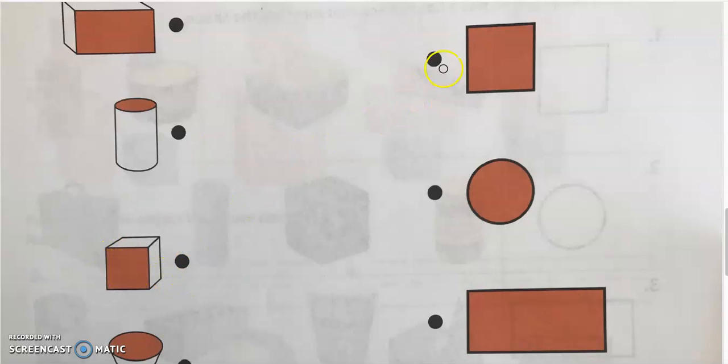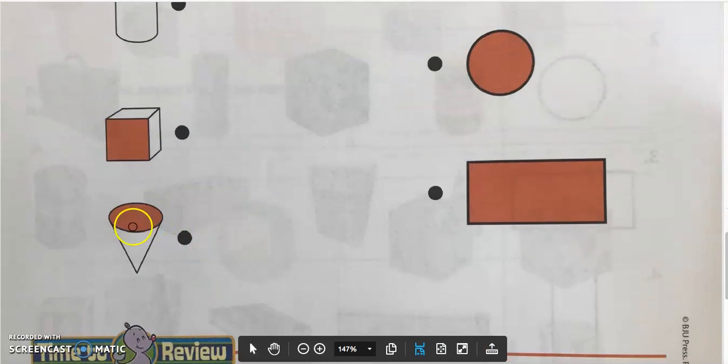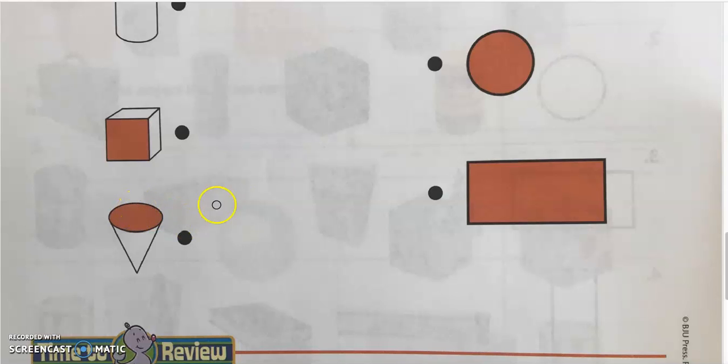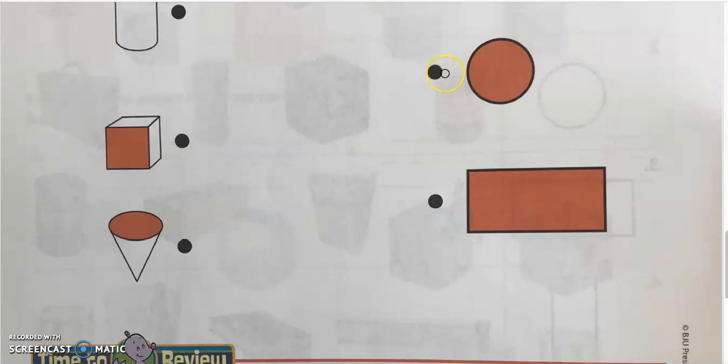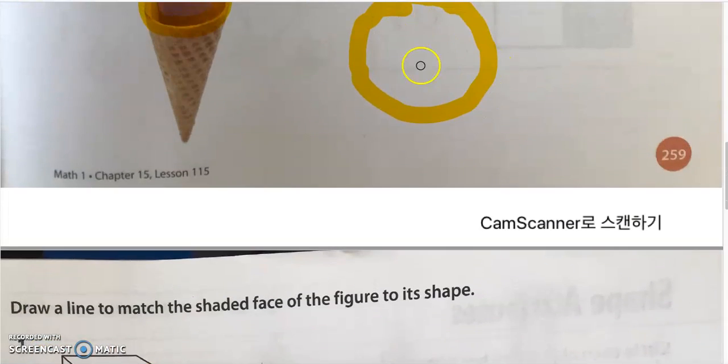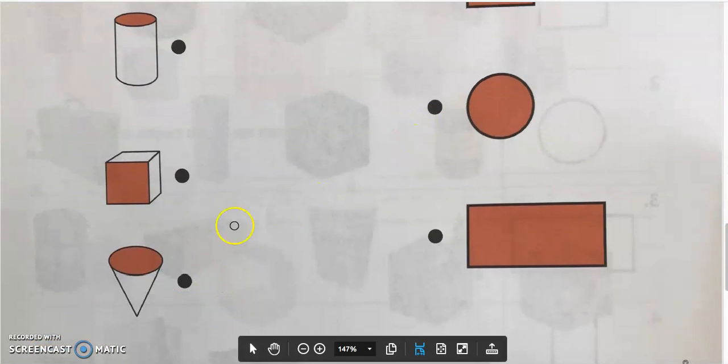Yes, square. And lastly, we have a cone. And the shaded face of this figure features what shape? Right, we just drew a picture over here, right? It's a circle. So match.